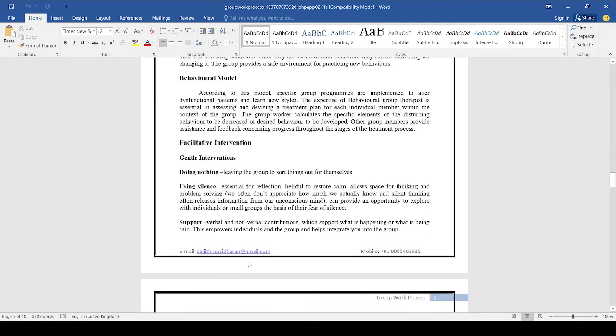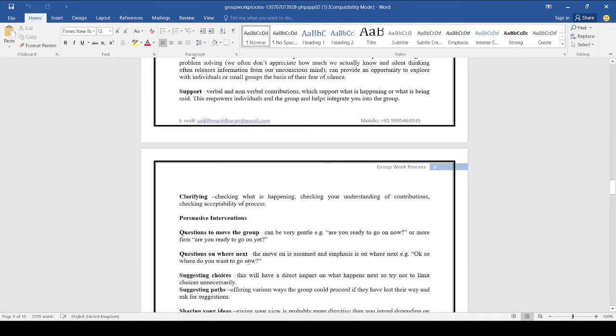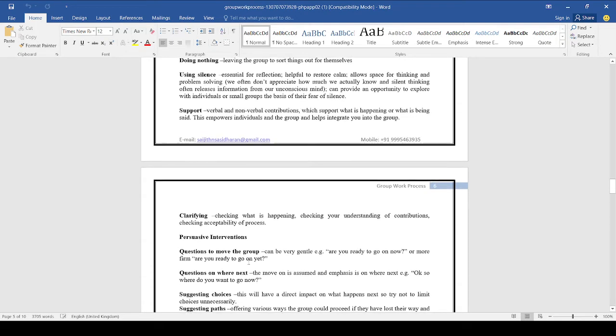We can provide support and clarify doubts, especially in terms of activities. We provide some program activities to the group members in the group work process. We should have some clarifications. These are the gentle interventions by the group worker.